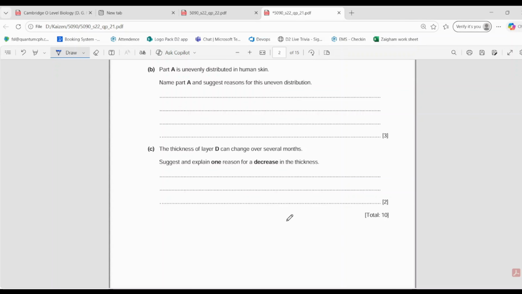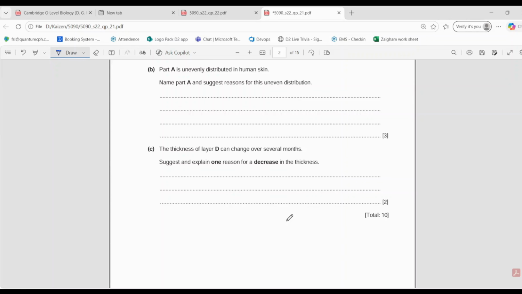The thickness of layer D can change over several months. That's the adipose tissue. So the fat layer can change its thickness. What can be one reason for the decrease in thickness? How can you reduce your fat? Correct. Eat less fat or consume less fat in the diet.